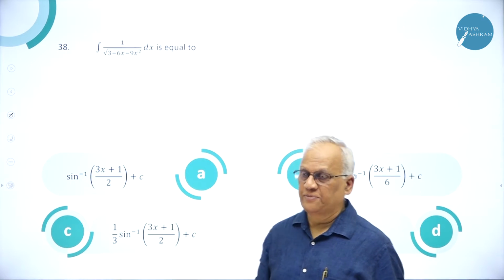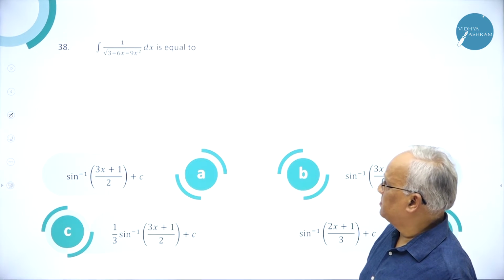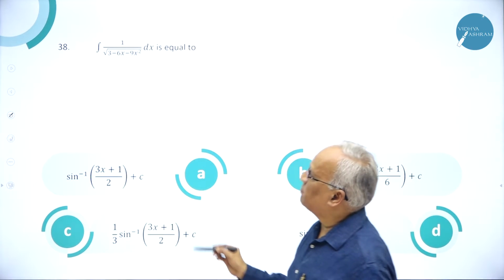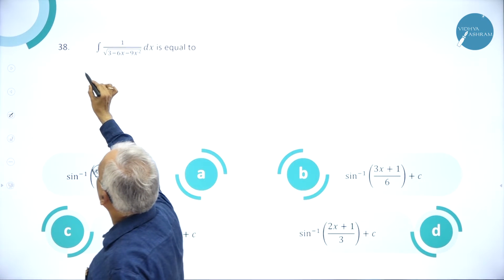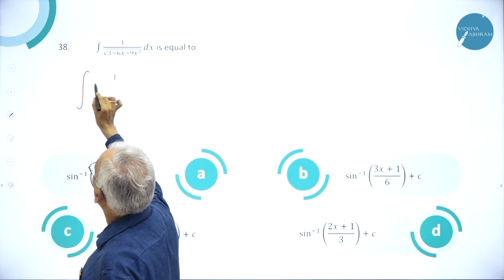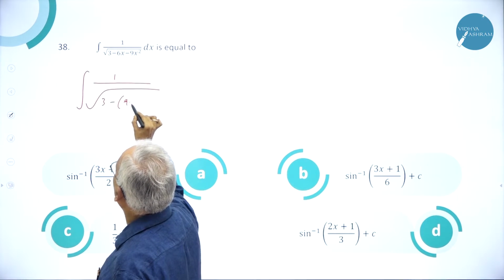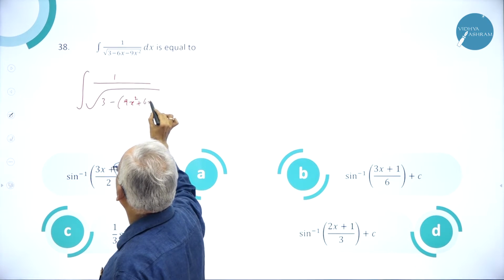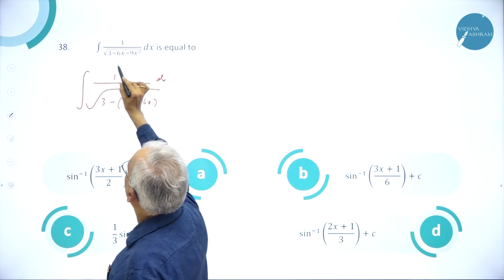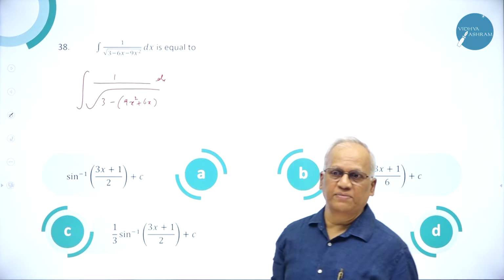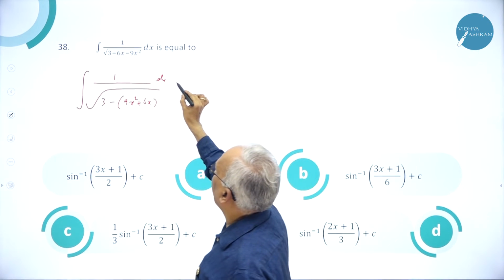Next question. Now the integral of this, you have to use completion of the square. So this integral can be written as the integral of 1 over square root of 3 minus 9x squared plus 6x. Step 1: associate the variable terms and write constant terms separately. Now you complete the square using the identity.